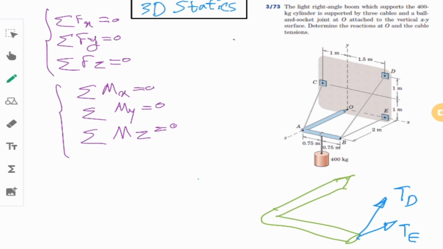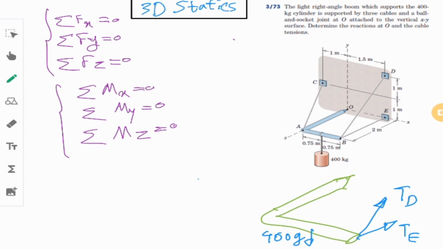Disconnect the other thing which is here. We all know that this guy has a weight which starts to pull down the rod. If I get rid of that or cut it, I just put the effect of that, which would be 400 g as a weight over there.